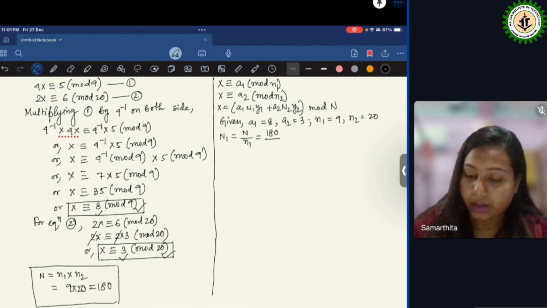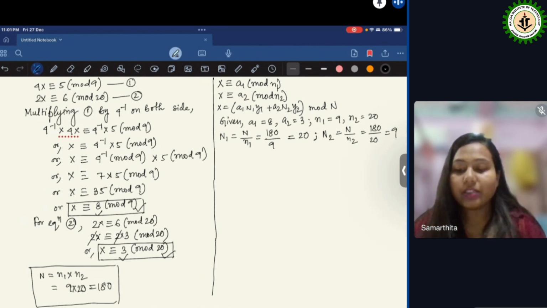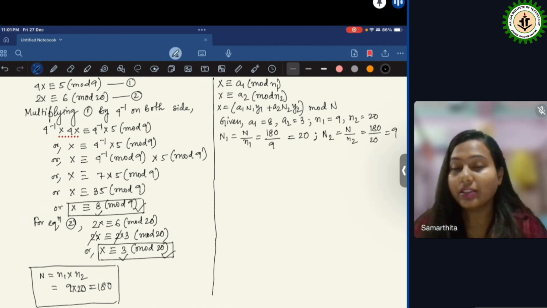Okay, capital N1 with small n1 as 9 is 20, and capital N2 means N by n2, that is 180 by 20, that is 9. Okay, so now we just need to calculate the modular inverses. What were the modular inverses?